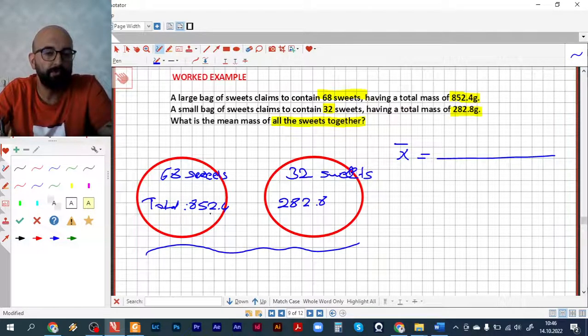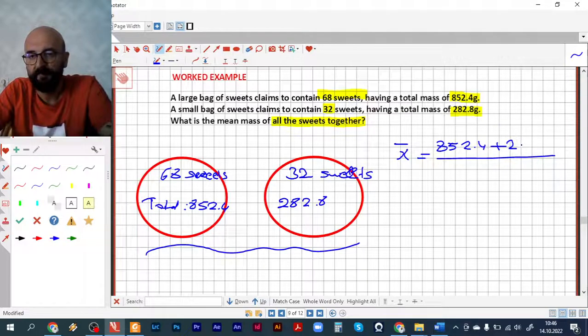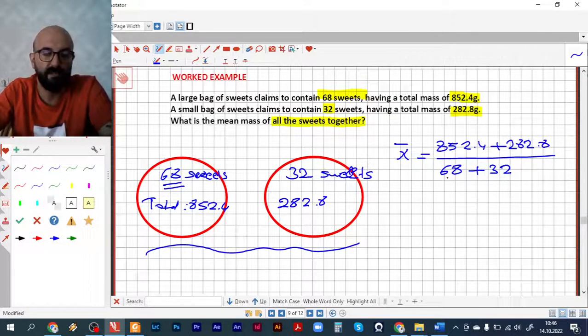So the first group total mass of 852.4 plus 282.8. So we have the total of 68 sweets plus 32 sweets, the number of data, because we have the total 100 sweets.